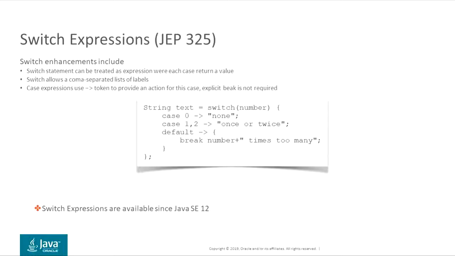Then you can use a lambda-like arrow token after the case name and just describe what the case returns. I mean, you could have a normal block of code, of course you can. You could have whatever logic, but you may use essentially what is a return value from the case.